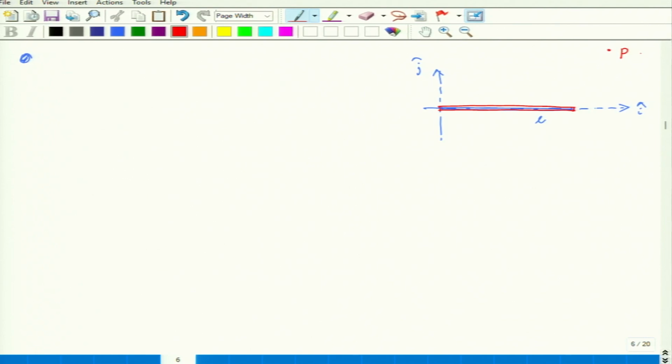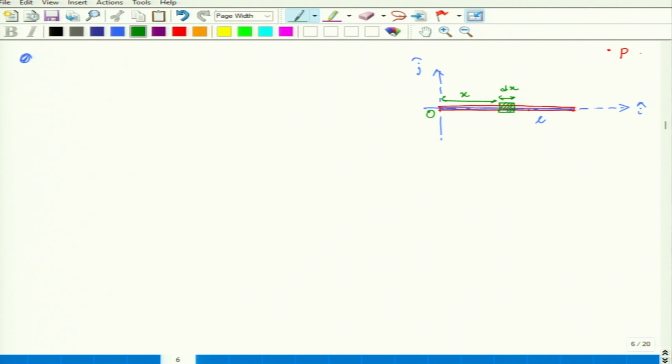First we consider a small charge element on the rod, dq. Since the rod is placed along the x axis, we consider this element at distance x from the origin O, with length dx.